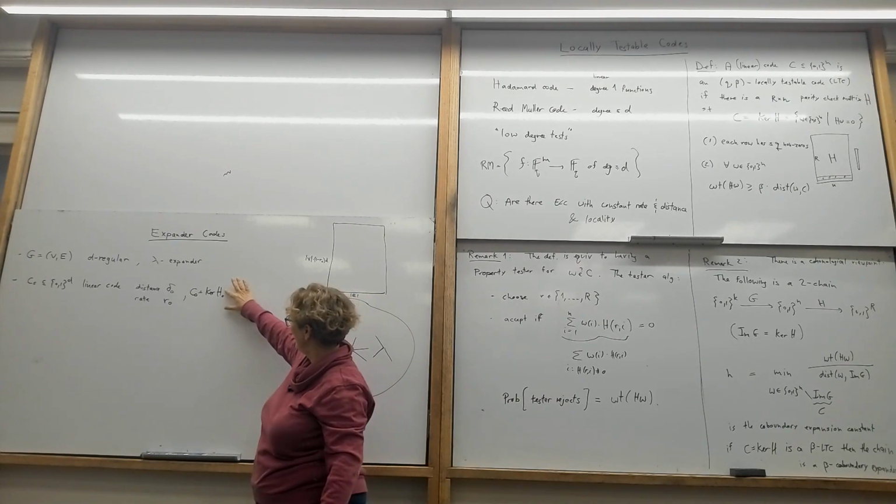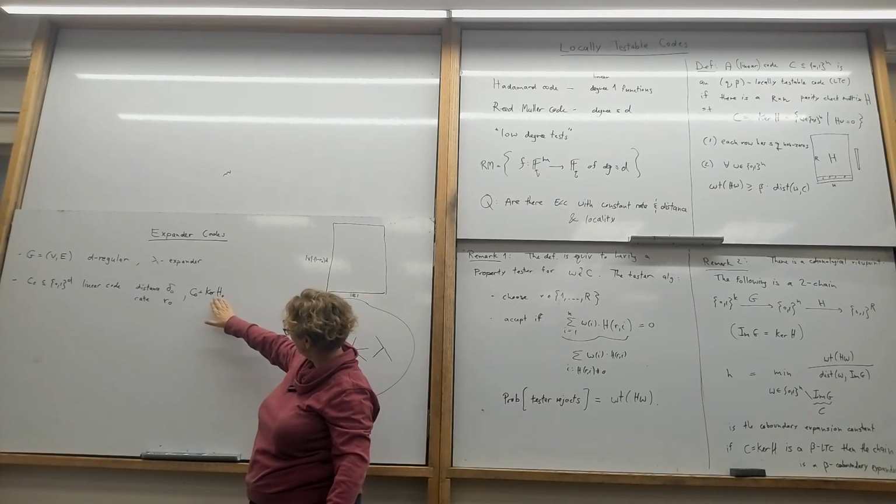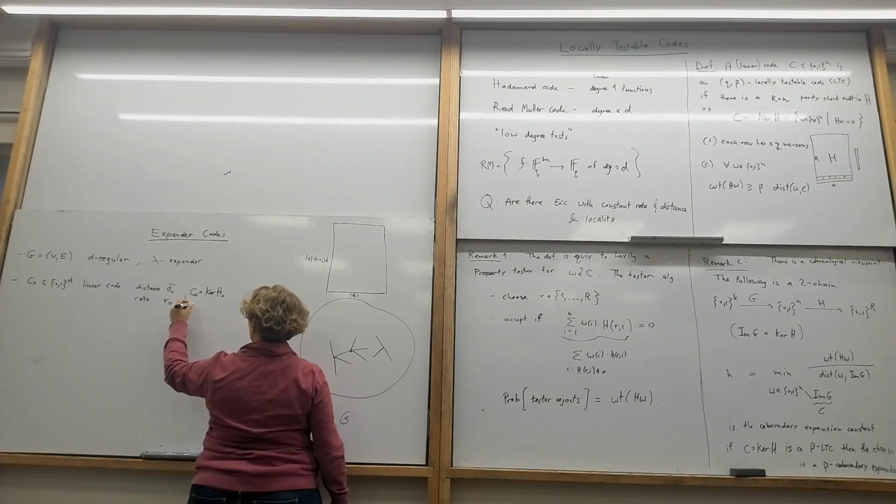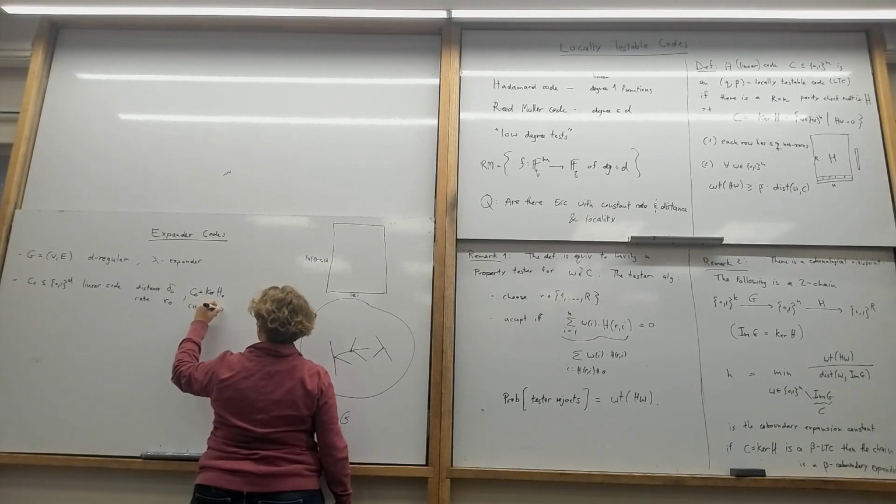This can have redundant constraints, but assume H0 is not redundant. So it's (1 minus R0) D by D.